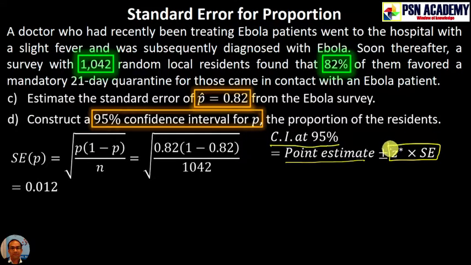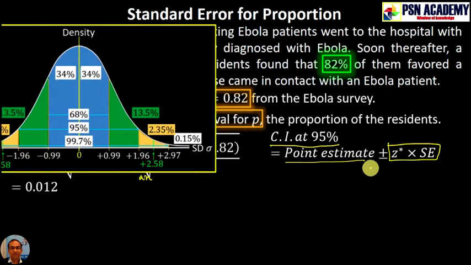This deviation is on the left hand side of the point estimate, and the same amount of deviation on the right hand side. That is why it is plus and minus here, right? Now that means we are trying to find out the lower limit and upper limit. That's the range within which the point estimate will lie, and that range is with 95% surety.